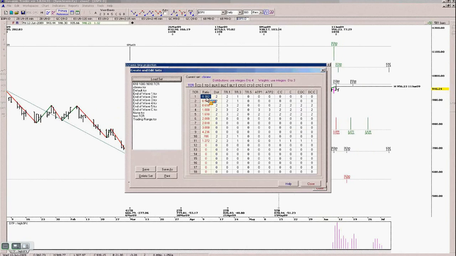And I put in the distribution that I thought was important, with the ratios. I put a little bit higher weighting towards 100% and 1.618 and 618. And then by adjusting it the way that I like to use it, and as far as what I think is more important, that's how I come up with these histograms.